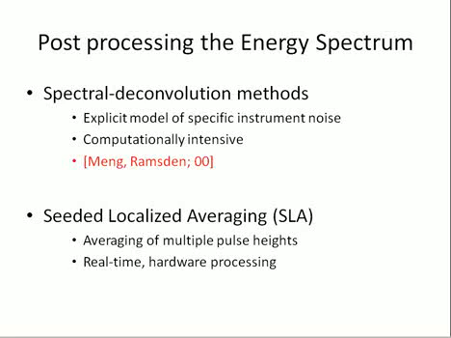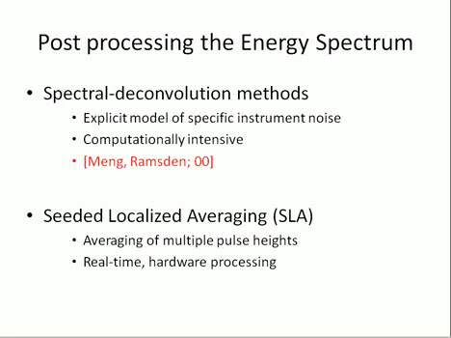And so the idea is to try to somehow deconvolve or back out what the values of each of the random variables was. But the problem with these methods is that they're computationally intensive. They require a lot of custom data for a particular source, for a particular instrument. And there's an excellent paper in 2000 that summarizes and compares some of these spectral deconvolution methods.